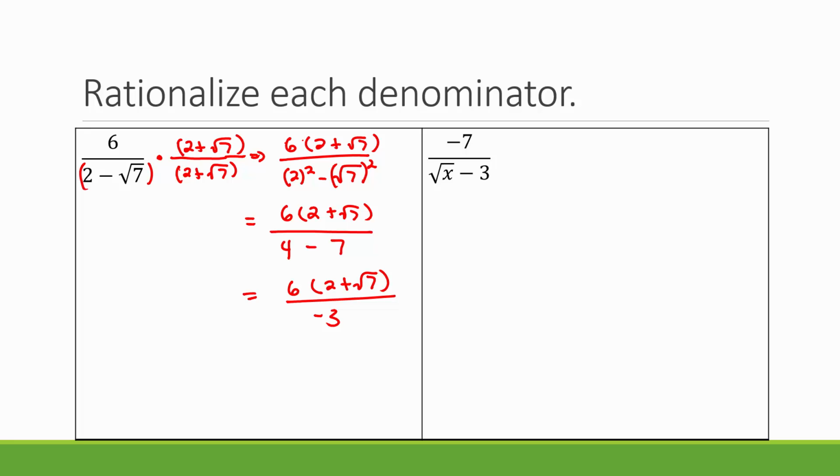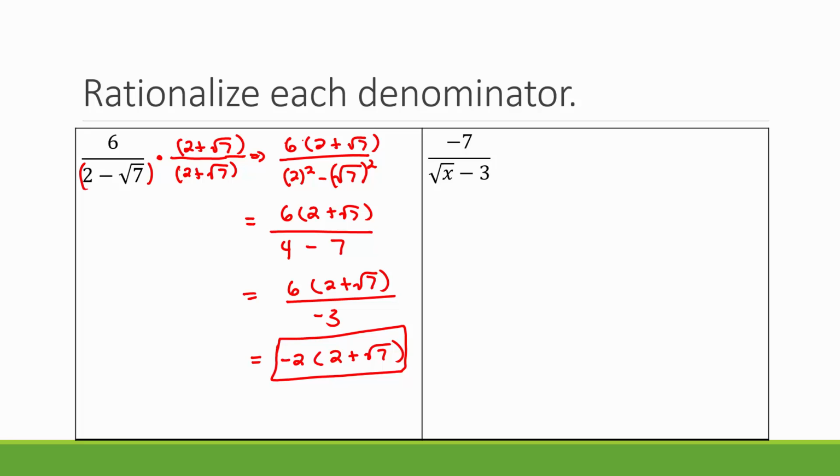Negative 3 will go in the 6, negative 2 times. And I'm going to leave my answer in its factored form. Now you could also multiply that negative 2 back into there to give you negative 4 minus 2 times the square root of 7. And that answer is okay also.